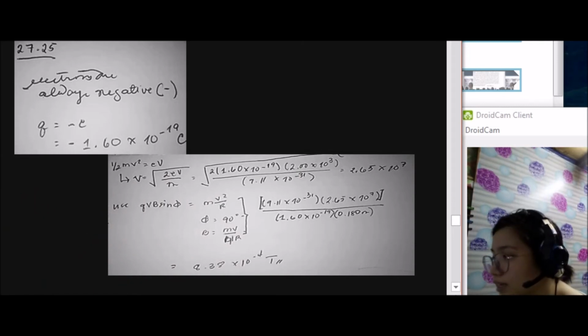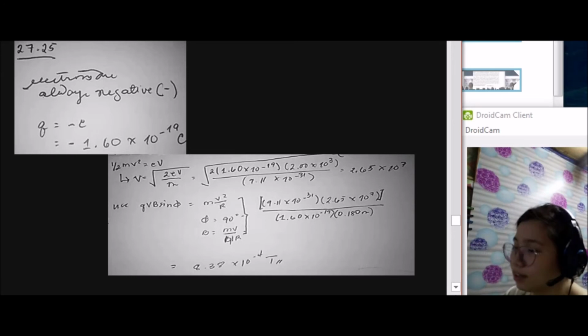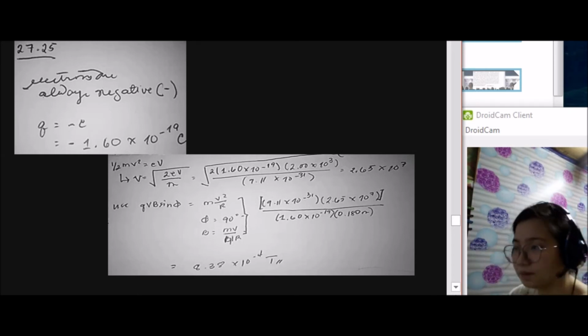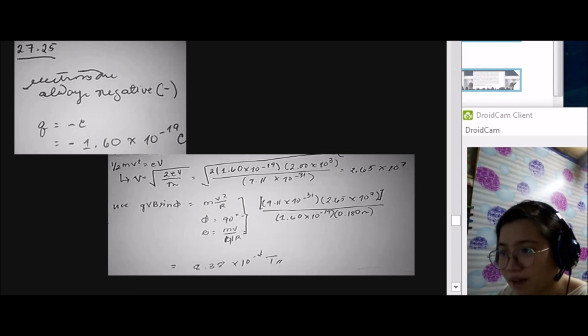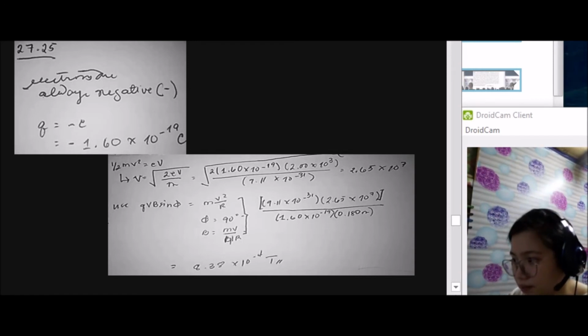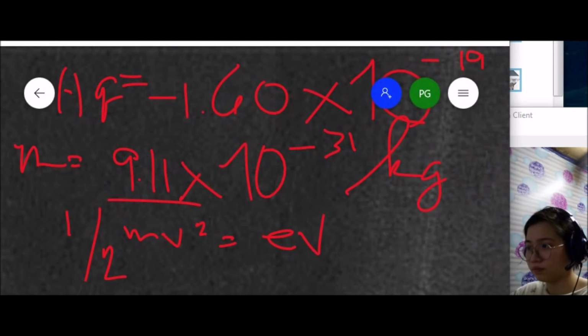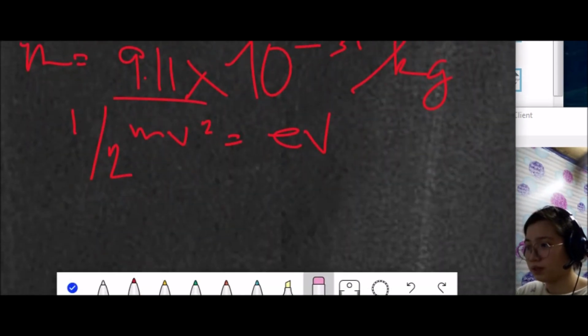When you calculate that, you get 2.65 times 10 to the 7. And we have another formula that we should practice working on. With 2.65 times 10 to the 7th, we'd like to use this formula. A moment, please.